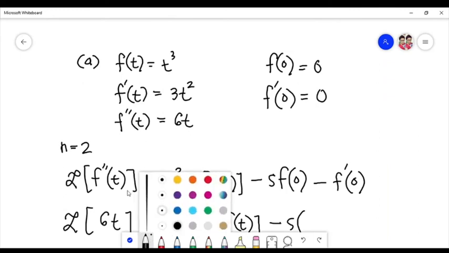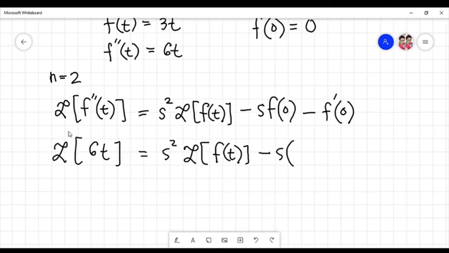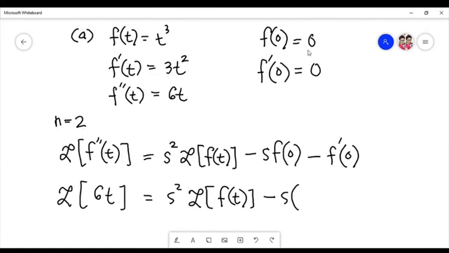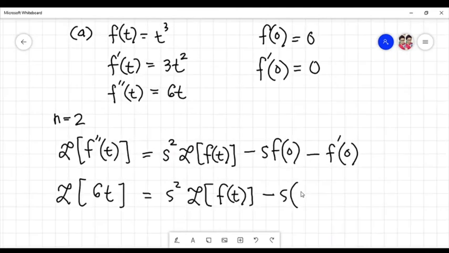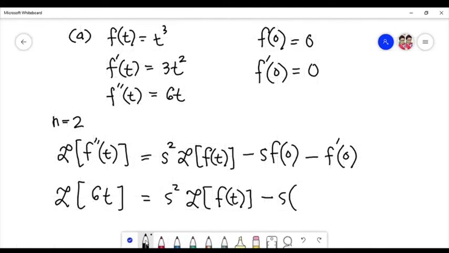Therefore f of 0 is 0, and f prime of 0 is also 0, so s times 0 minus f prime of 0 is also 0.